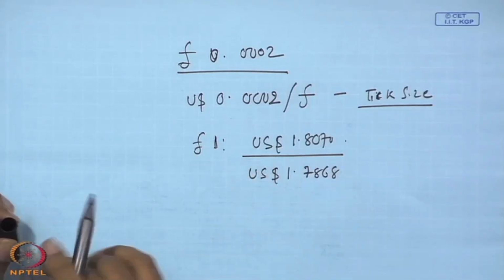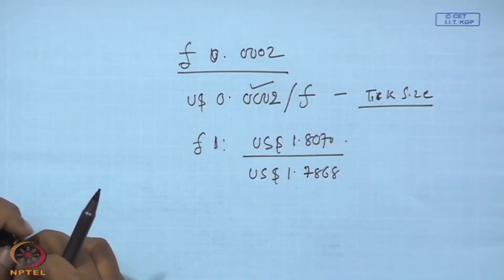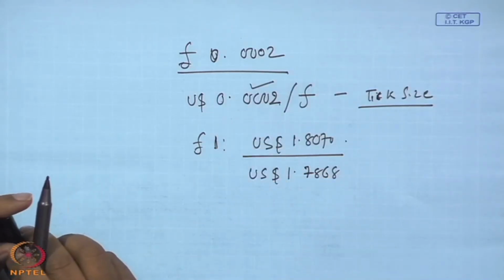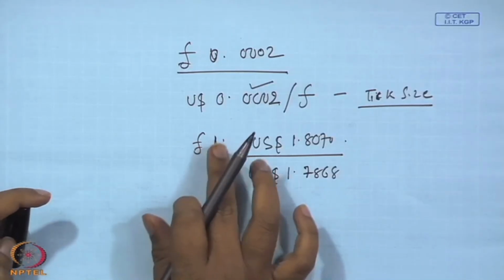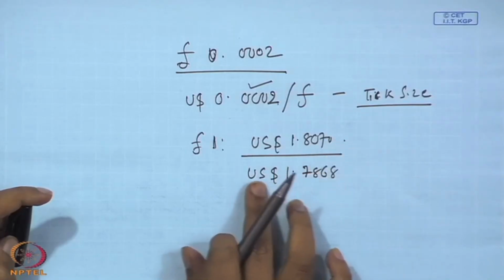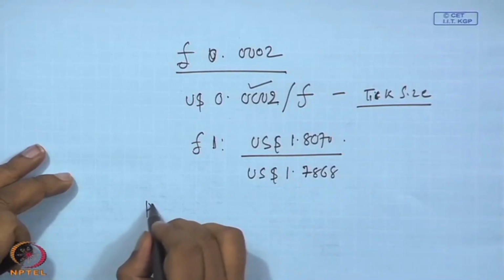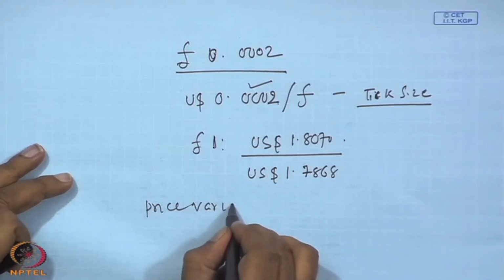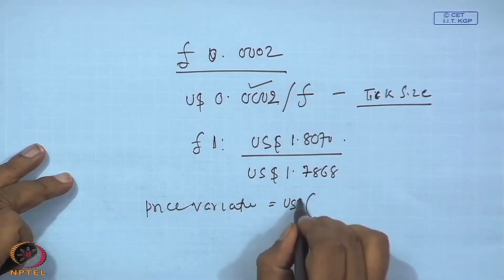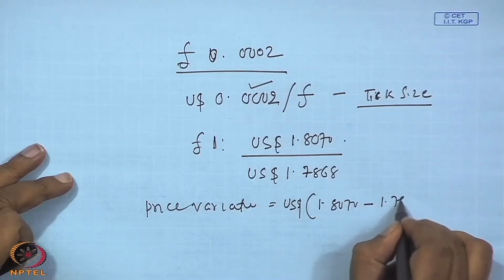We want to calculate. We know the minimum variation of pound sterling against US dollar in the future contract is 0.0002 US dollar per pound sterling, and the pound sterling migrated from 1.8070 to 1.7868 US dollar. Now, how much is the price variation? Price variation is 1.8070 minus 1.7868, which is US dollar 0.0202.